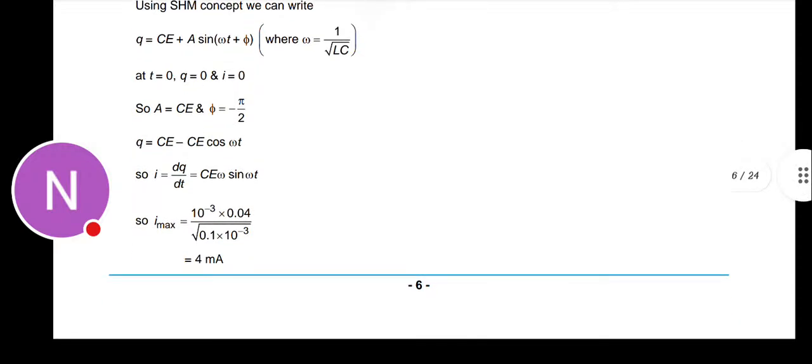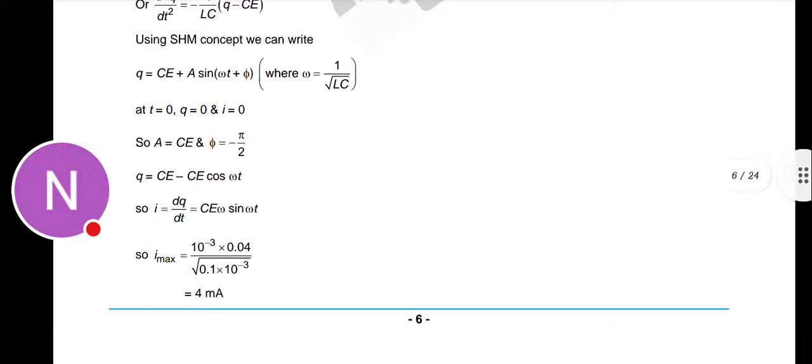Using the SHM concept, we can write Q equal to CE plus A sin(omega t plus theta), where omega is equal to 1 by root LC. At t equal to 0, Q is equal to 0 and I is equal to 0. So A is equal to CE and theta is equal to minus pi by 2.